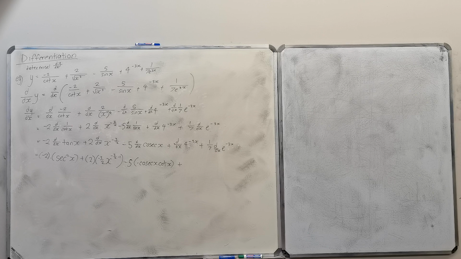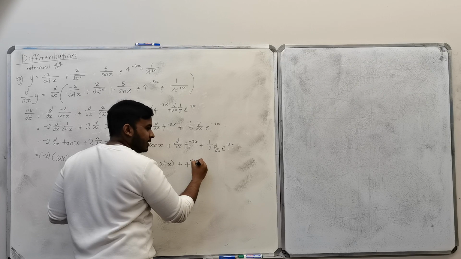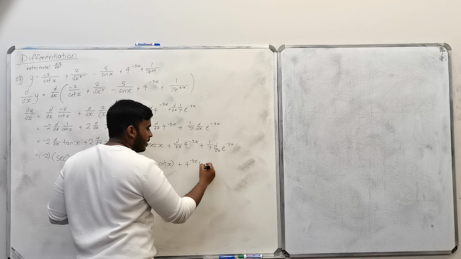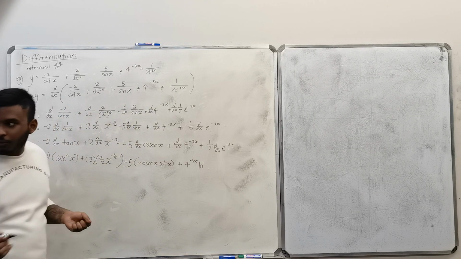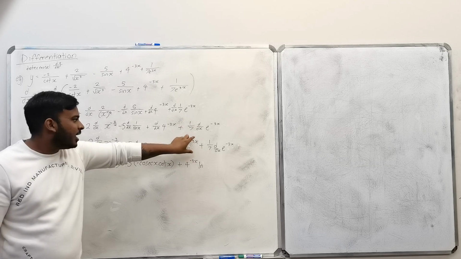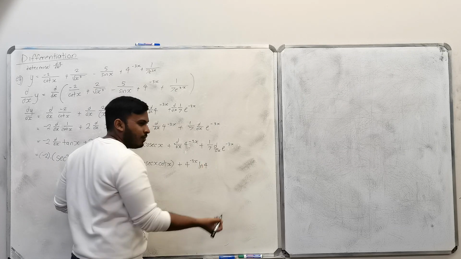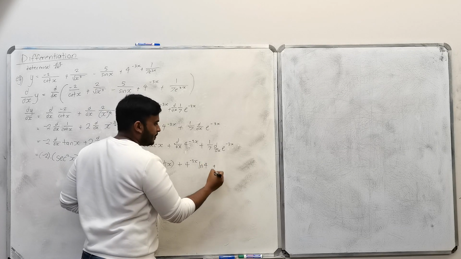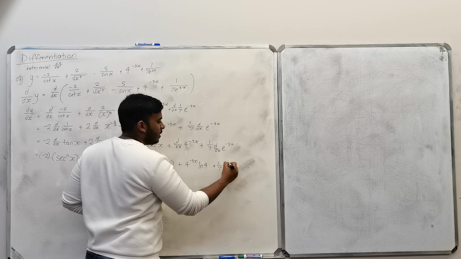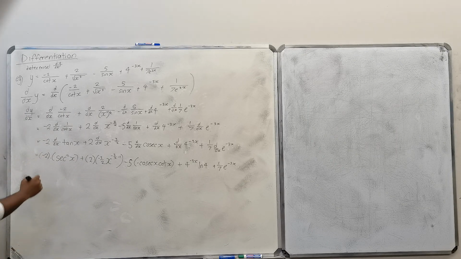So it's going to be 4 to the power minus 3x ln of 4, because your a value is 4 and your x term is minus 3x. Right? So this will be ln of 4 plus 1 over 7 e to the power minus 3x.